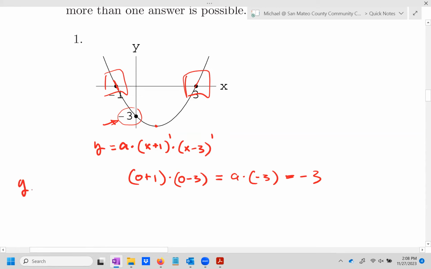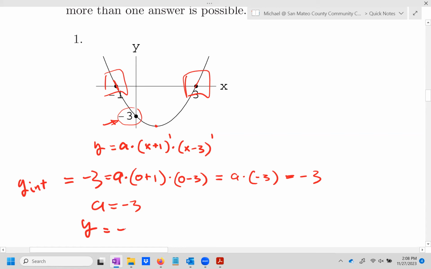Let me do this. The y-intercept must equal -3, which equals whatever my coefficient is times all of this. So what do I have?